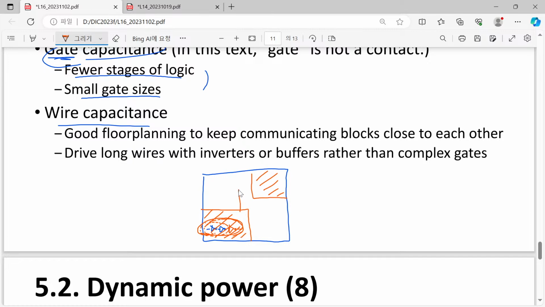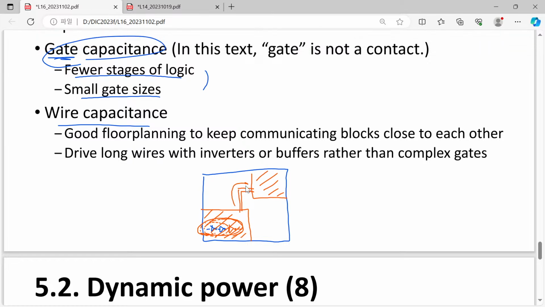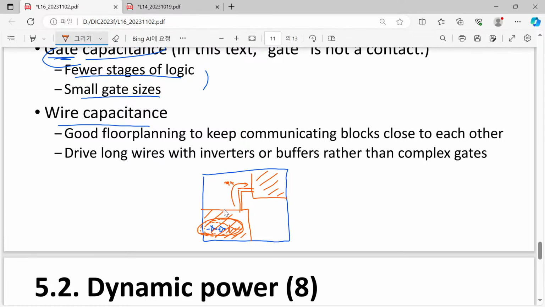Then we must provide a certain load from one part to another part. For that purpose, we must run a long wire line, a metallic wire. Its length scale will be just millimeter scale.